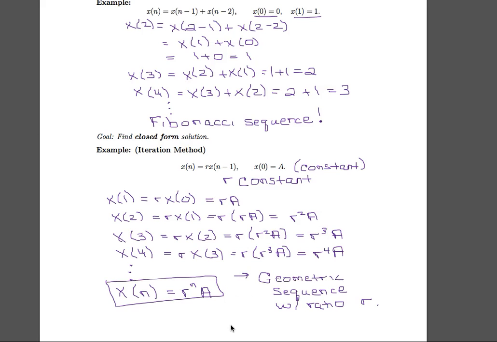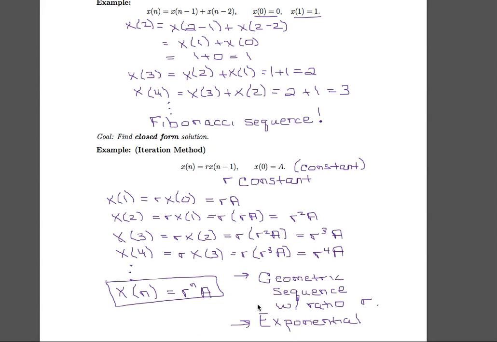Also, this particular form of recurrence relation and its corresponding closed form solution are also called exponential, just because we're taking that constant r, raising it to some exponent, and applying it to the initial value.